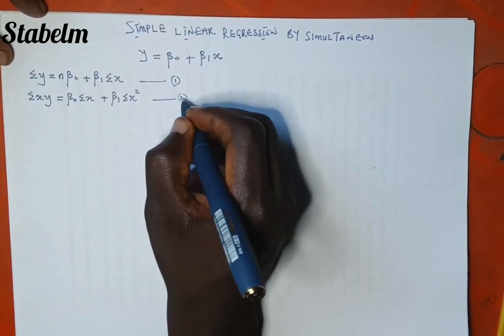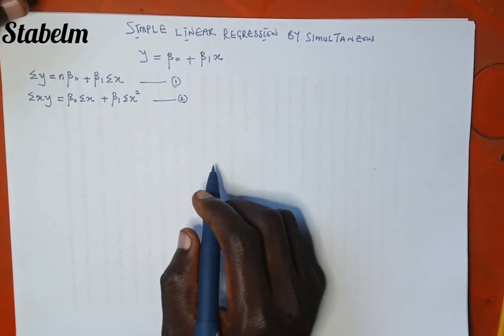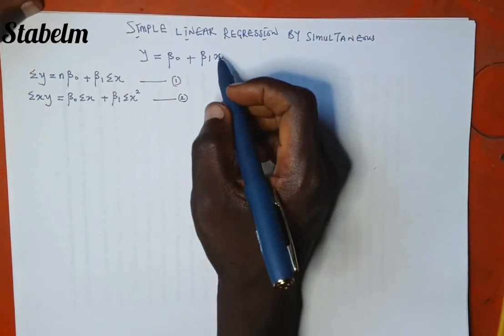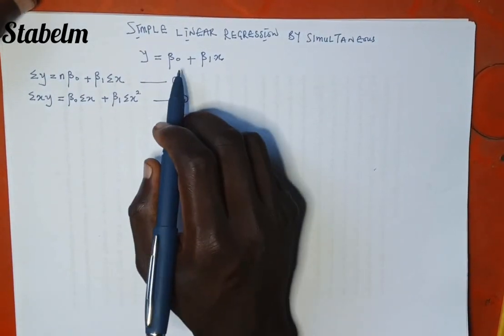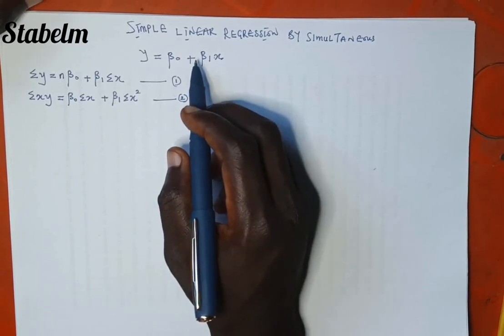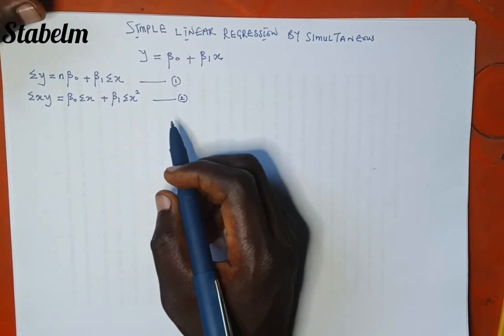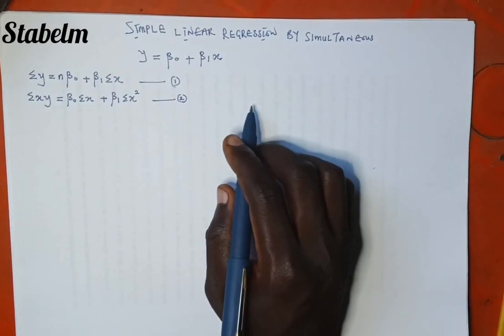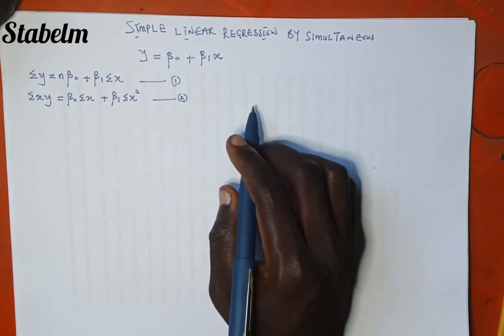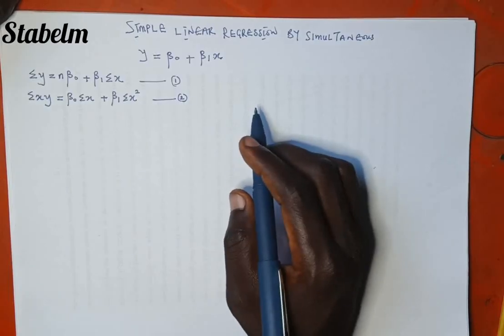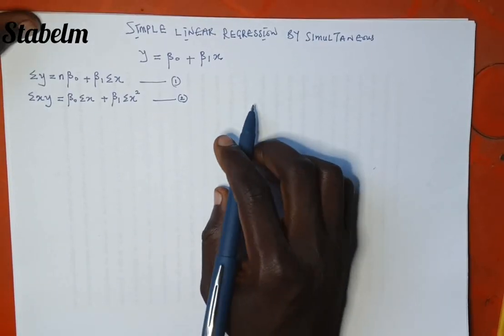So we have equation 2. You can see we're able to derive two equations from this model because we have two unknown variables, which are the two parameters. So two parameters, two equations. We can just use simultaneous equations to find the parameters of the model.